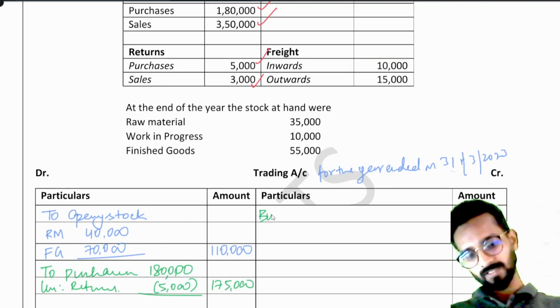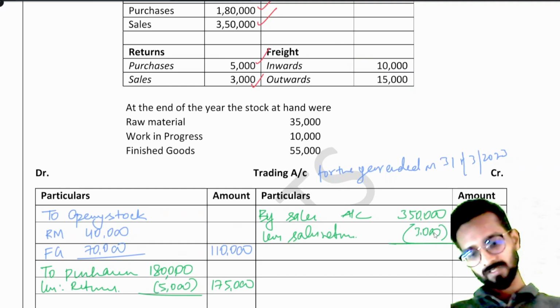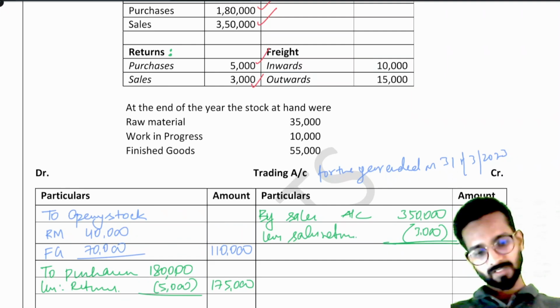Then we will write here by sales. Sales how much? 3,50,000, less sales return how much? 3,000. See, it is already written, this is returns 3,000, so you can write here 3,47,000.